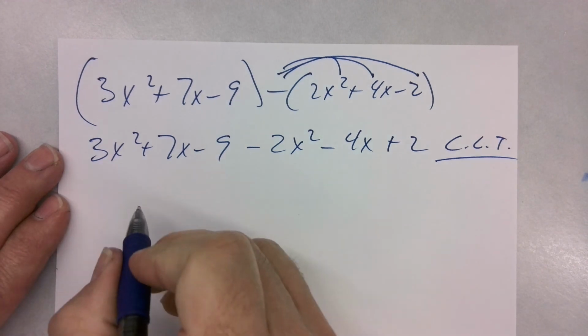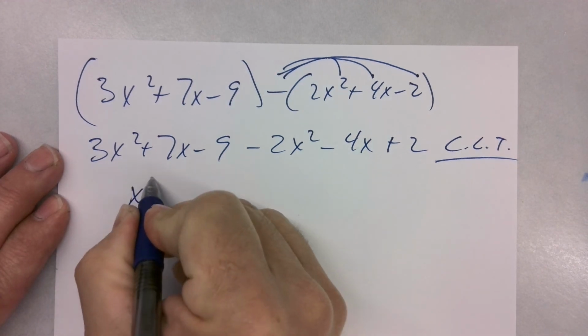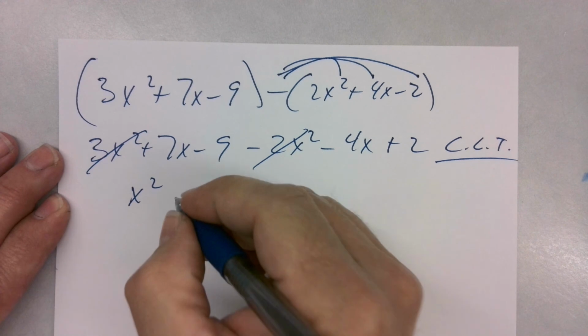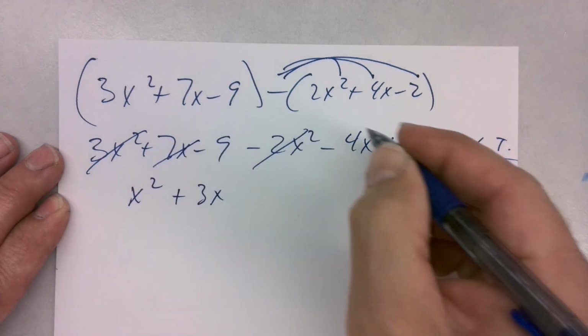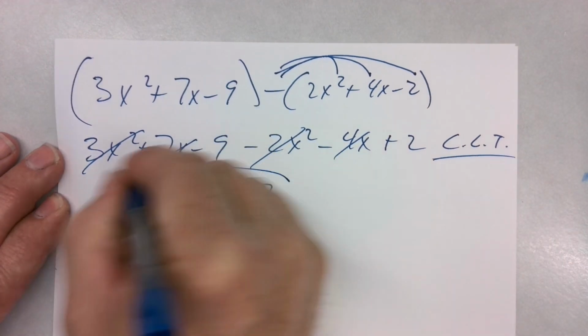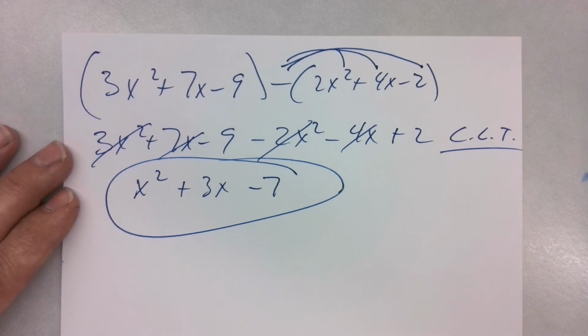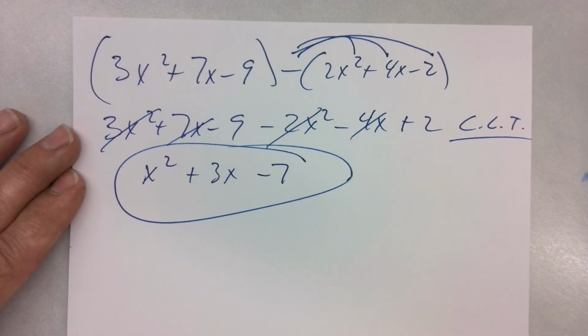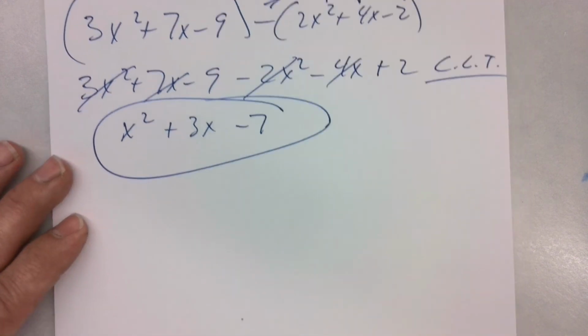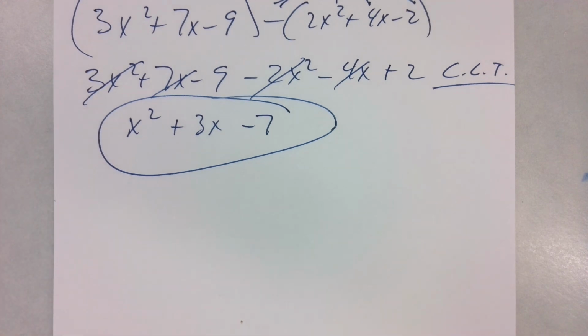So what am I going to get? x squared plus 3x minus 7. Just like that, right? Okay? Don't be that person. It's going to happen, and I will chuckle to myself and say, why is that so annoying?